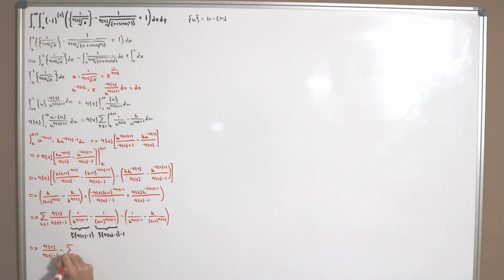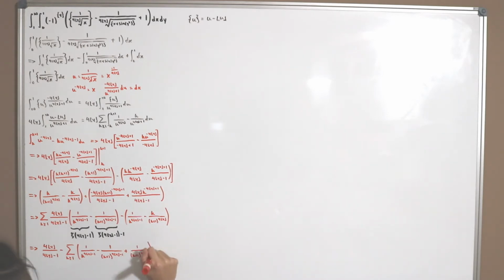So this is minus the sum over k greater than or equal to 1 of 1 divided by k to the power 4 floor y minus 1, minus 1 divided by k plus 1 to the power 4 floor y minus 1, and then plus 1 divided by k plus 1 to the power 4 floor y.